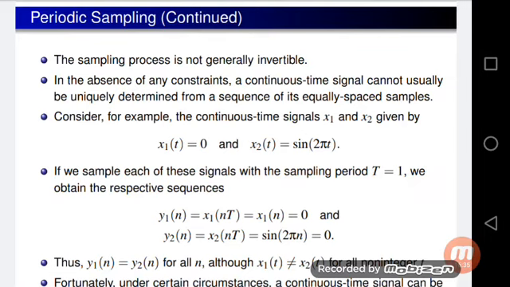If we sample each of these signals with the sampling period T equal to 1, we obtain the respective sequences y1 of n equal to x1 of nT equal to 0, and similarly y2 of n equal to x2 of nT equals sine 2 pi n. So these are the two conditions, which represent two signals.